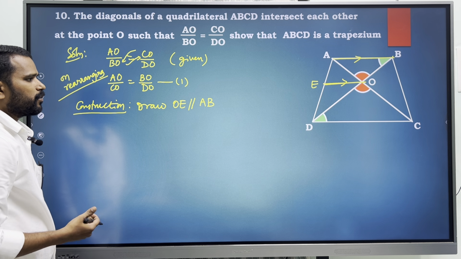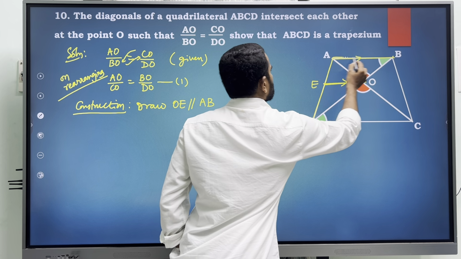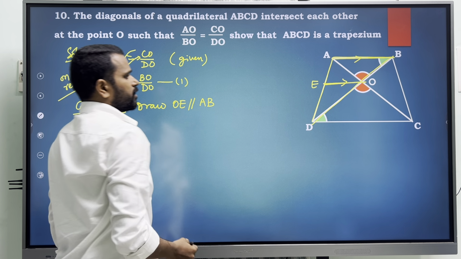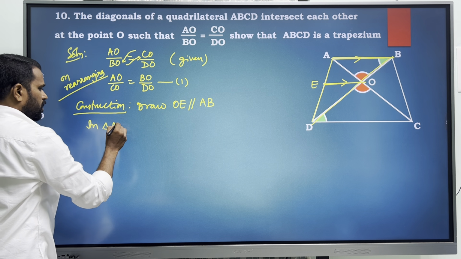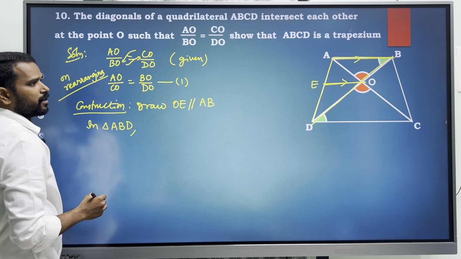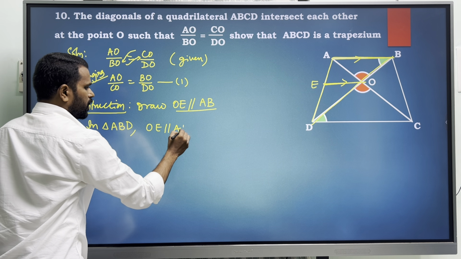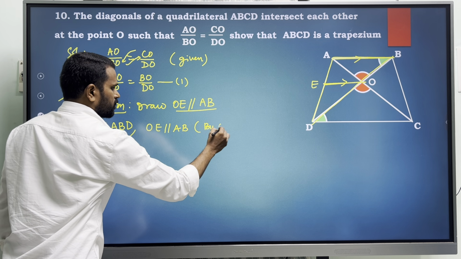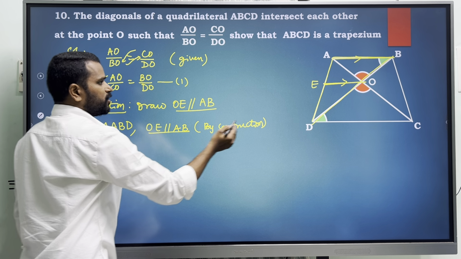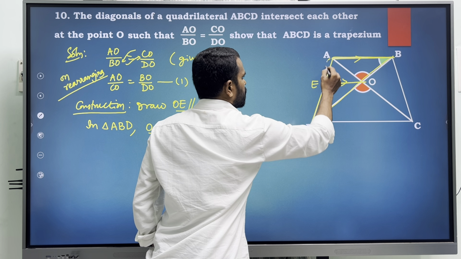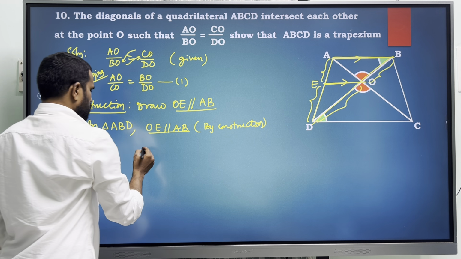Understand? Now, I will take this particular triangle ABD. In triangle ABD, we have by construction OE parallel to AB. We have done this, right? So if OE is parallel to AB, then AE by ED equals BO by OD, right?